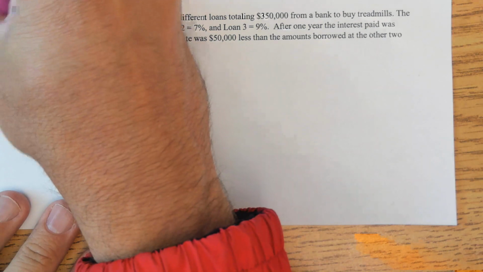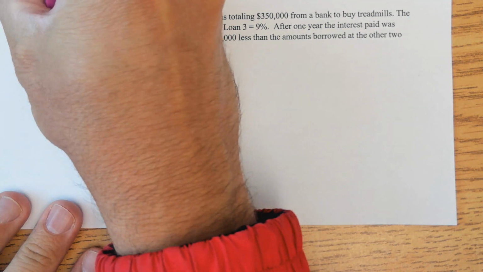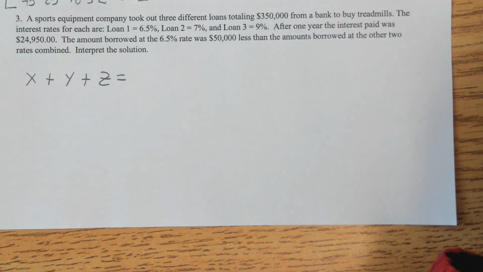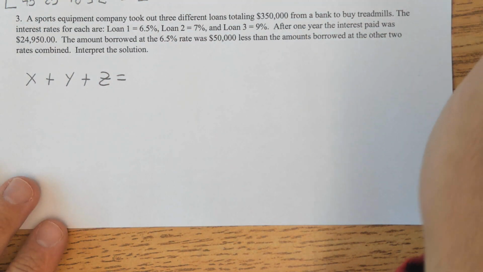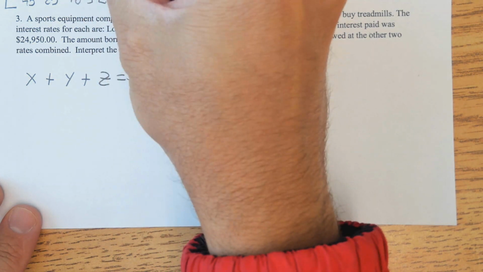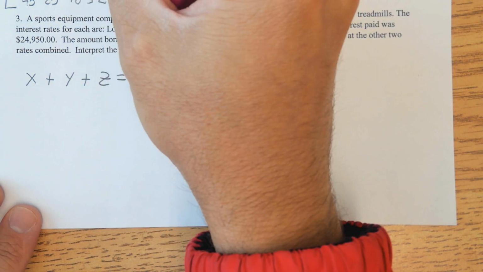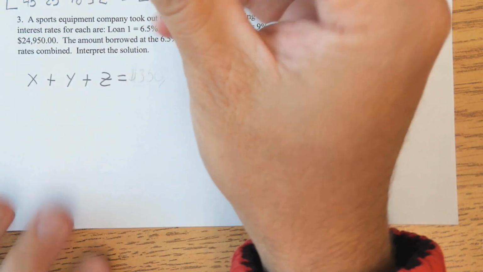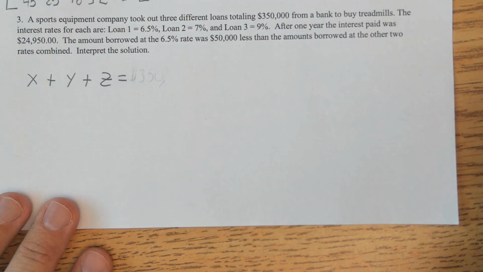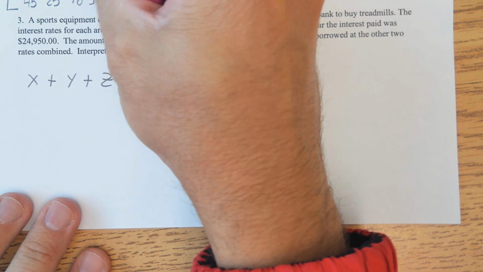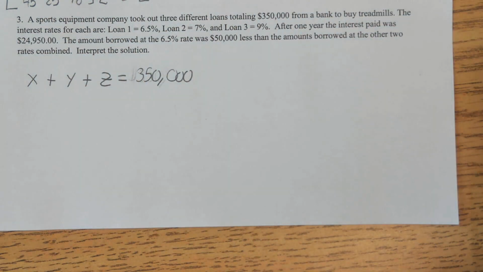So my first equation here is going to be x plus y plus z, because I don't know how much each company took out, but I know the total. And I don't need the money sign there, sorry. So we don't know how much each took out individually, so we have to write that as a variable, but we do know the total that combined was $350,000.